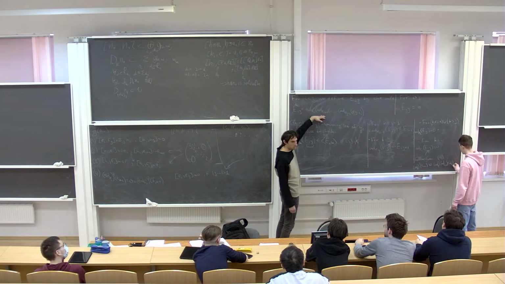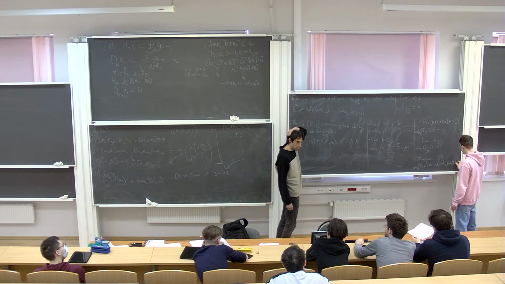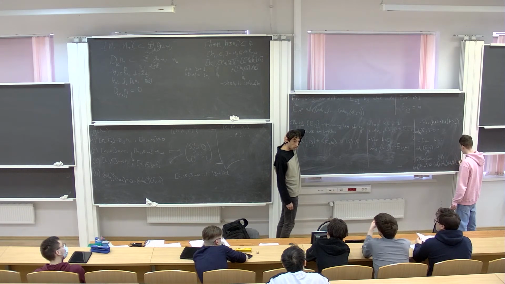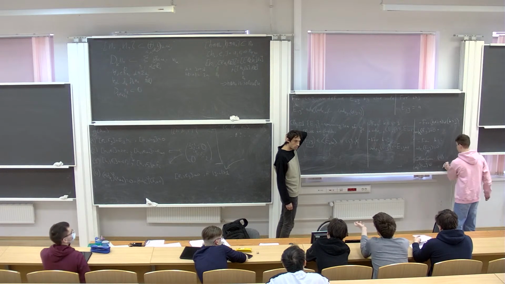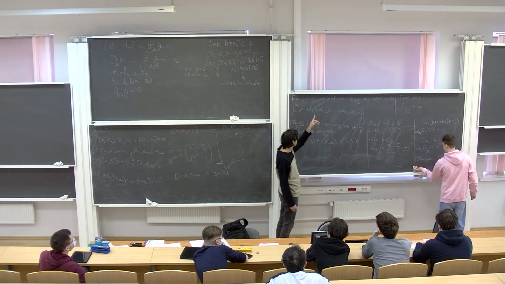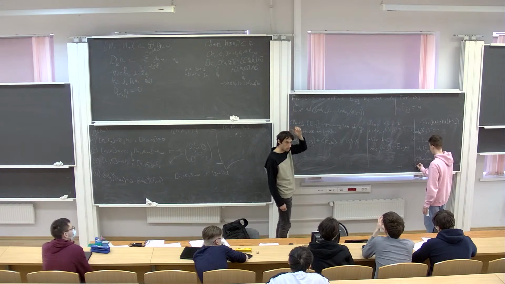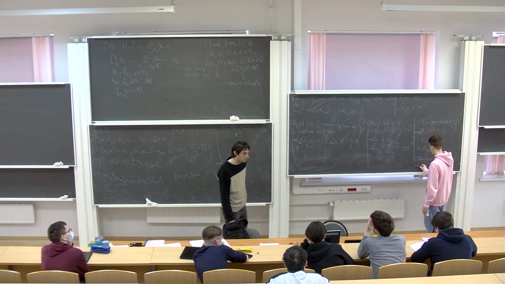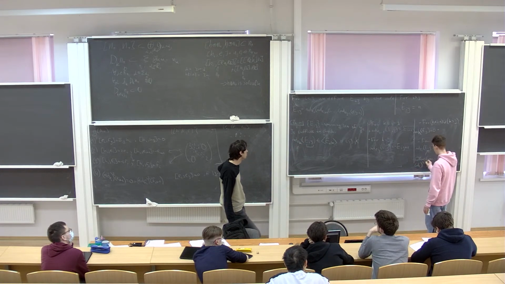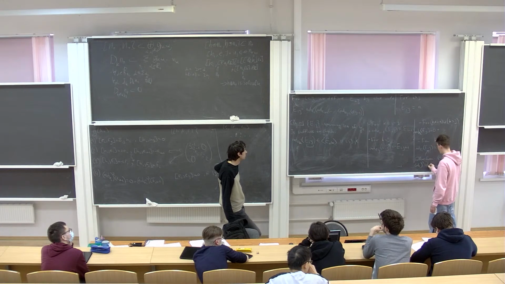Yes. Then you say, okay, this is linearly independent. Well, we don't need linear independence, obviously. You need to compute the dimension. Yeah, but I only need an inequality, right? Because I have the inequality for one side, and I need the inequality for the other.